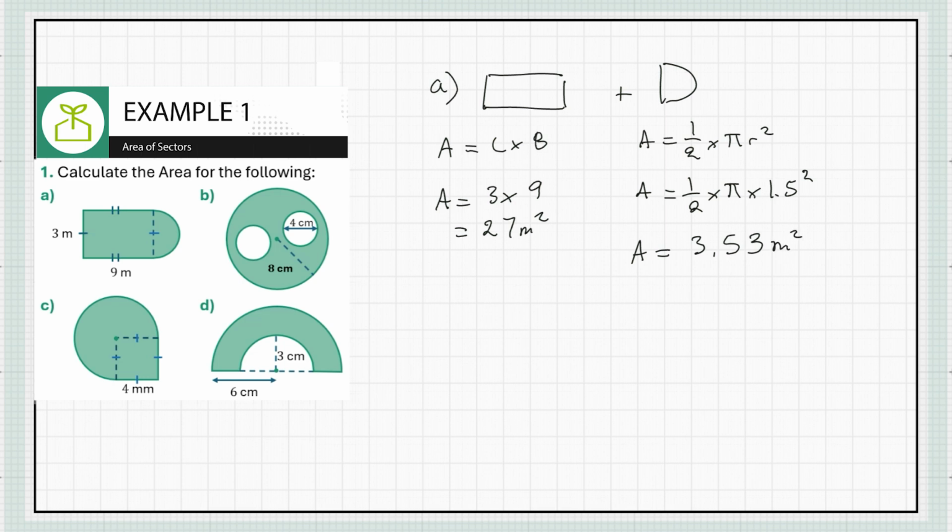So our total area is just going to be equal to 27 plus 3.53, and that just equals 30.53 meters squared.